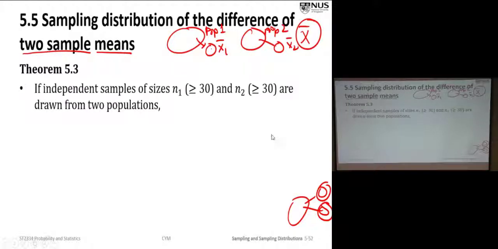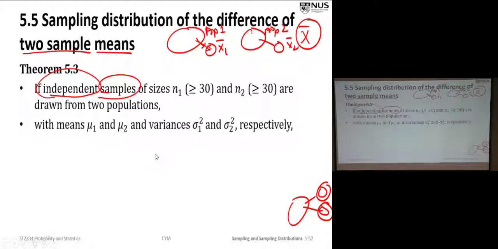Now, by the way, we assume independent samples, which means that whatever I do for the sample from this population is not linked or related to whatever I do for the second sample. That is called independent samples.